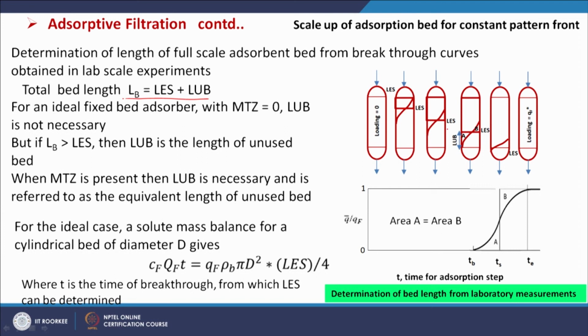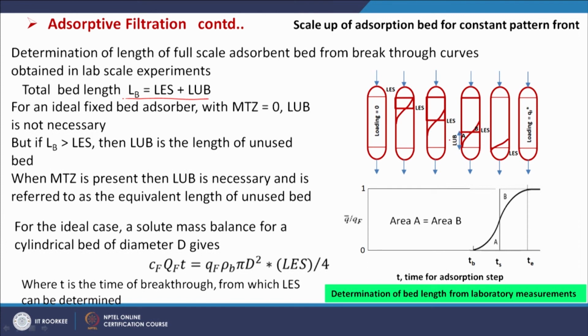In the ideal case, it would be like this: all this bed is exhausted and this bed is non exhausted, unused, and this portion is used. So, this graph is like this.